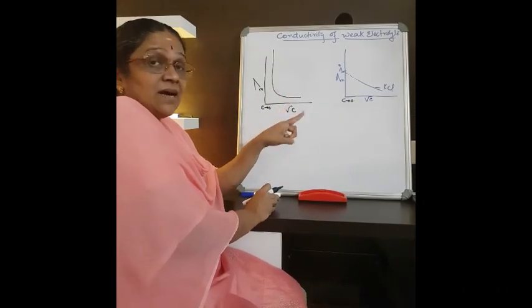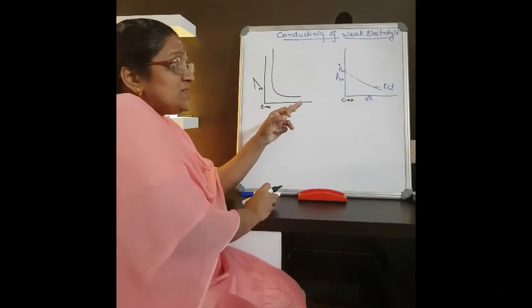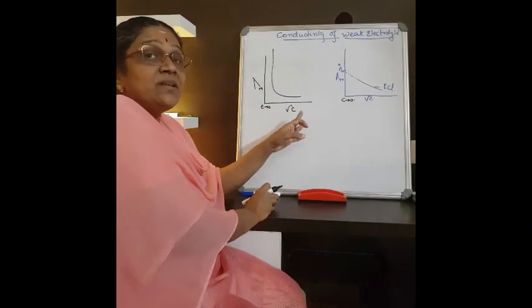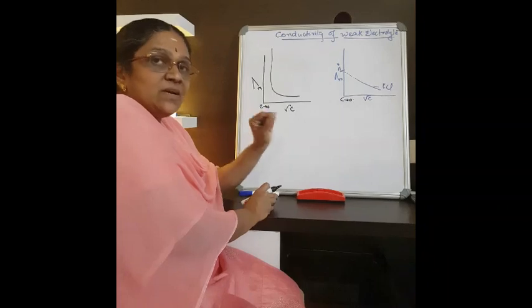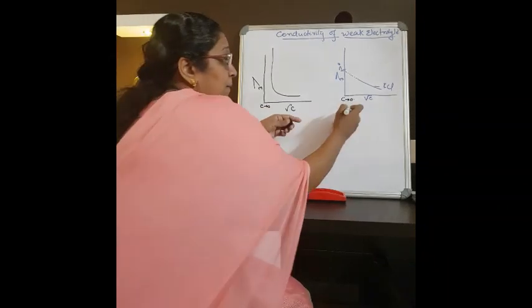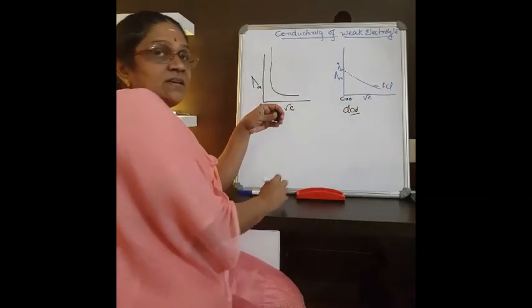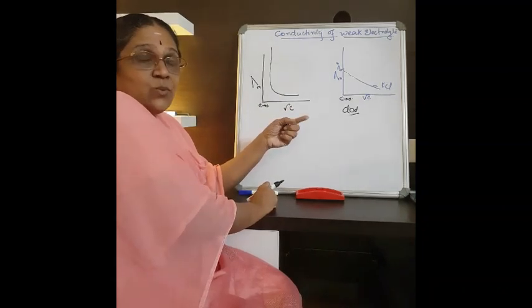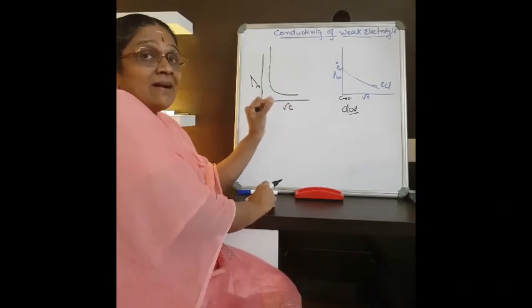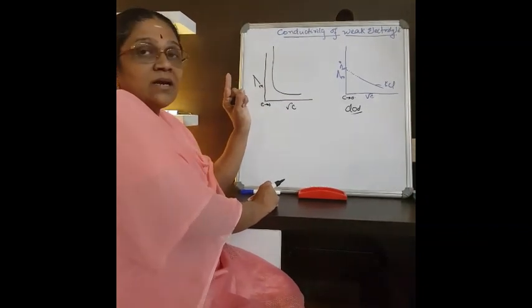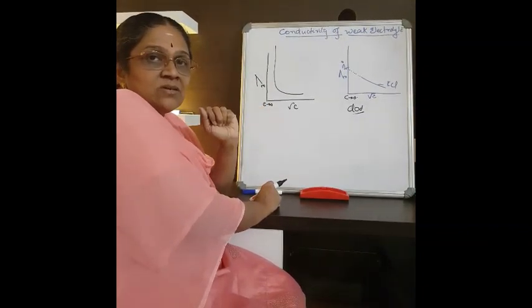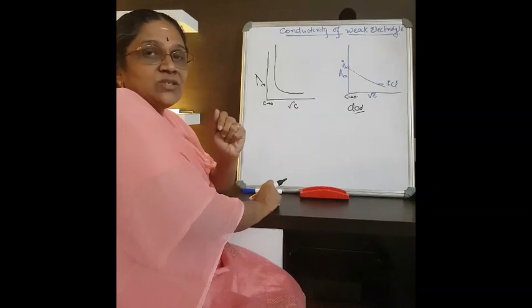As we studied last class, what was the reason for that slight variation in the molar conductivity of a strong electrolyte? The reason was not based on the DOD, isn't it? DOD means degree of dissociation. It was purely the attractive force. Why? Because in the case of a strong electrolyte, there is 100% dissociation, so there is no point of degree of dissociation.